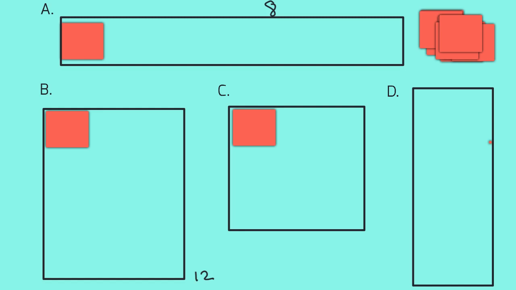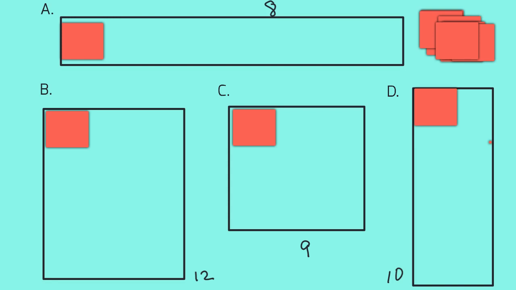Let's do 9 here. And the last one, shape D. Looks like we can fit about 2 across. So 1, 2, 3, 4, 5, 6, 7, 8, maybe 10. Maybe. We're going to call those educated guesses.